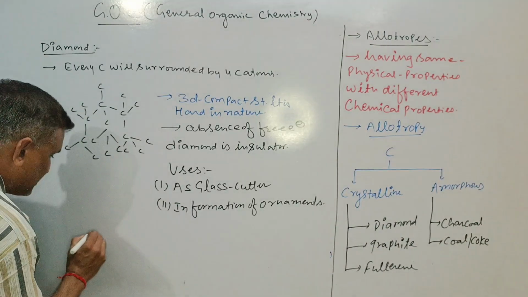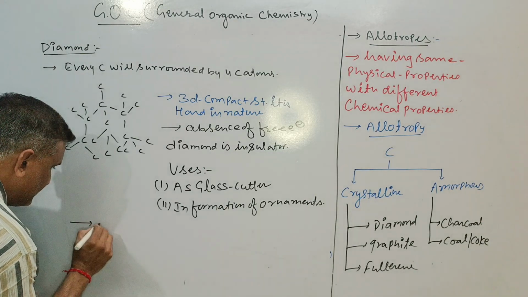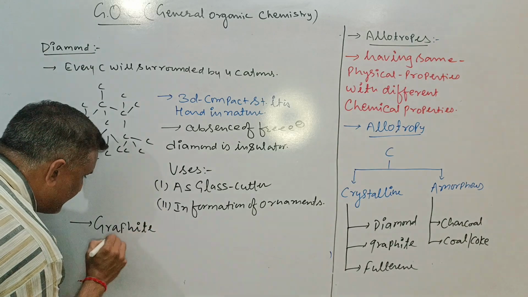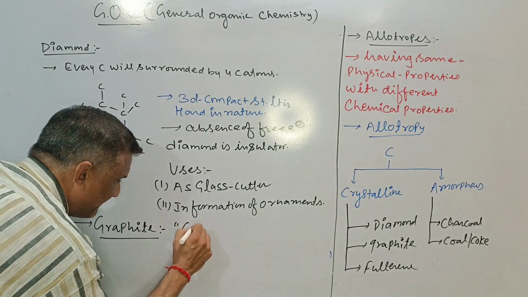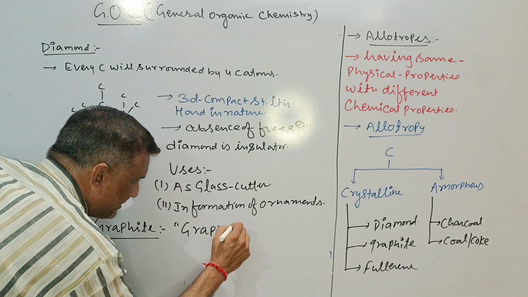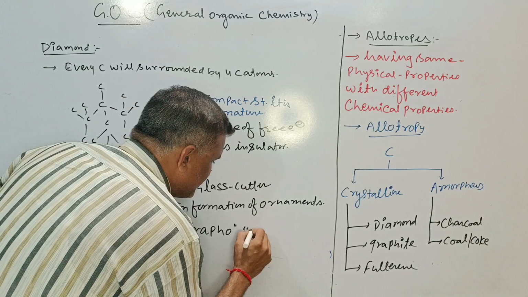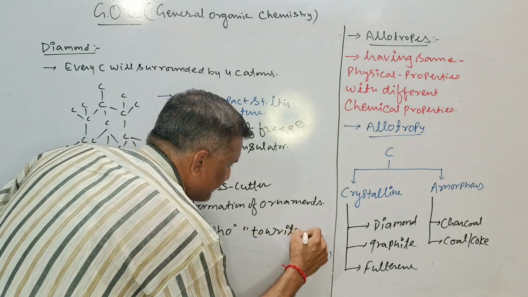Now the time to discuss the next, graphite. This is graphite as an allotrope. Graphite is a Latin word. It is derived from grapho, and grapho means used to write something.